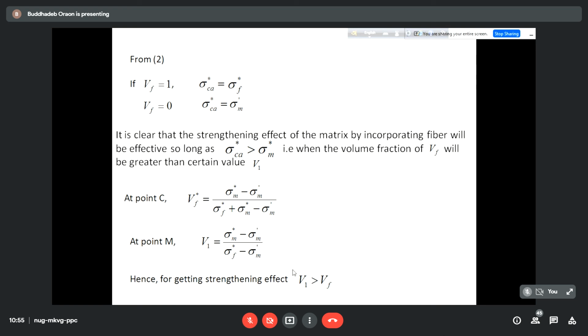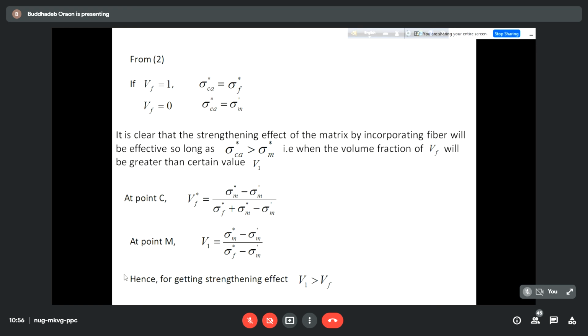Hence, for getting the strengthening effect of the composite, Vf should be greater than V1. Now, what will be the actual value of Vf? That you will have to decide by taking into consideration the cost factor of that particular composite material, because when you are incorporating whiskers as fiber in your composite material, it may be costly.